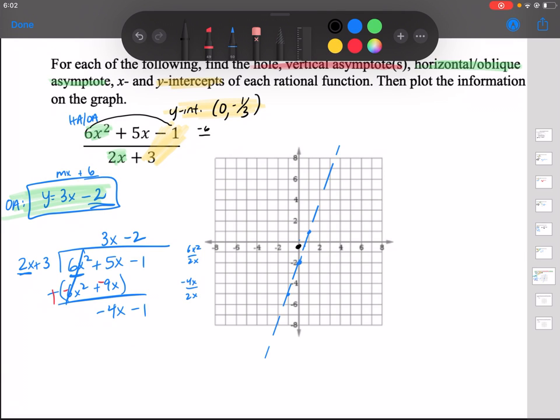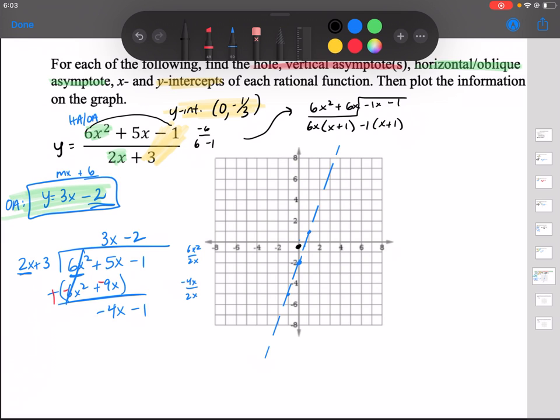Factors of negative 6 that add up to 5 are positive 6 and negative 1. I meant to write 6x squared plus 6x minus 1x minus 1. And then we split it up. So 6x is x plus 1. Take out a negative 1, I get x plus 1.